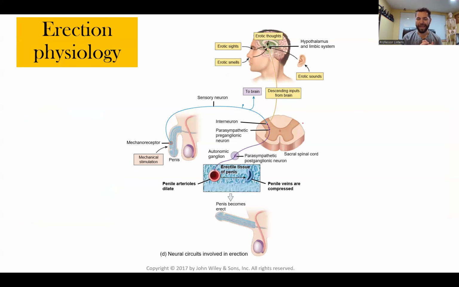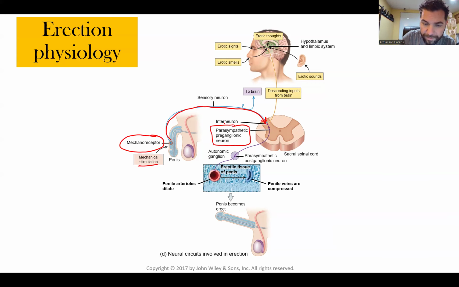And now we'll talk about the erection and the neural control and the physiology associated with that. So when I approach this, I look at two things. Number one, you can have mechanical stimulation. These receptors will send a message to that sacral spinal cord, activating the parasympathetic nervous system.